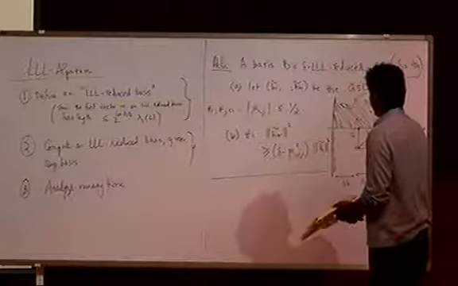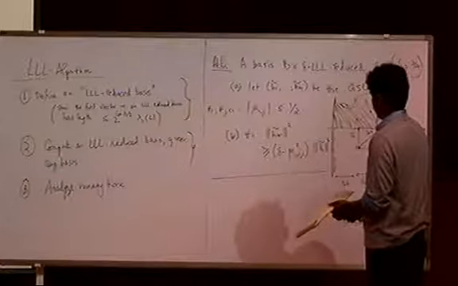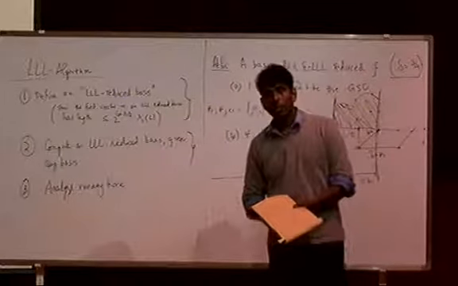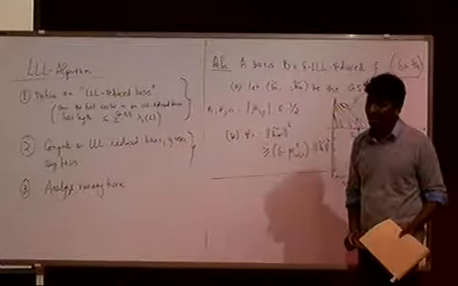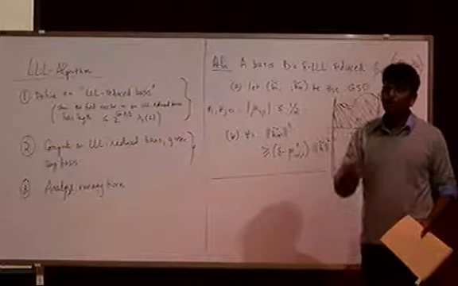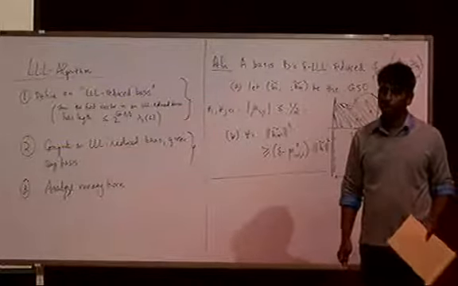If delta is smaller than 1 over 4, it doesn't make sense. So delta has to be larger than 1 over 4. It's a good question about delta. Think of it as between a quarter and 1.